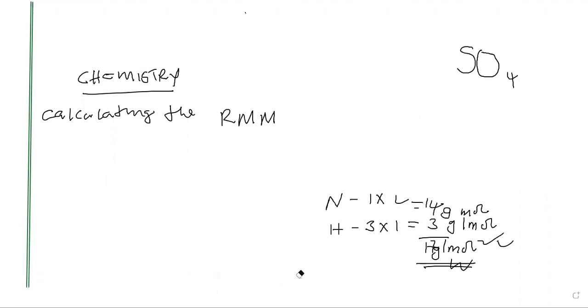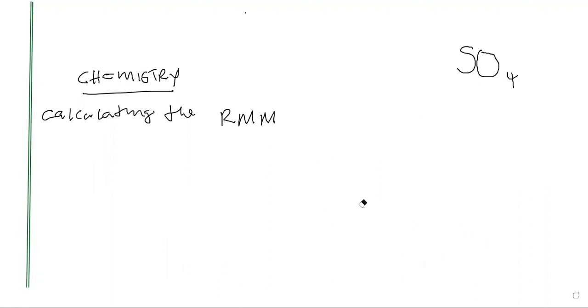Okay, so let's see what you have gotten. For that sulfur tetraoxide, we have sulfur and oxygen there. So we have 4 oxygen atoms multiplied by the mass, which is 16. Oxygen has a mass of 16 grams per mole. Then, how many sulfur do you have?